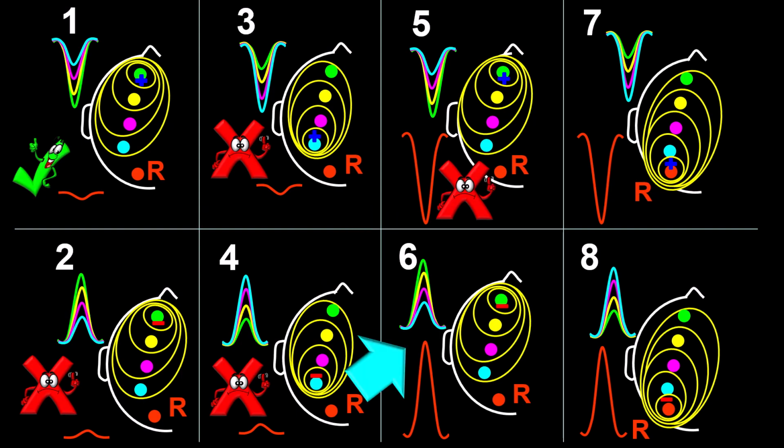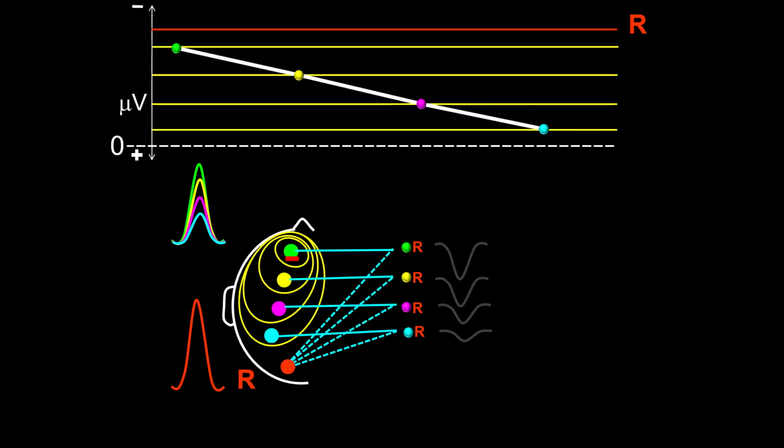Now we must consider option 6. Option 6 consists of a frontopolar negative field being referred to a maximal negativity. This frame represents the frontopolar negative field and the maximal negativity at the reference view in an isopotential map. The gray waves, as you know, represent the waves in question.